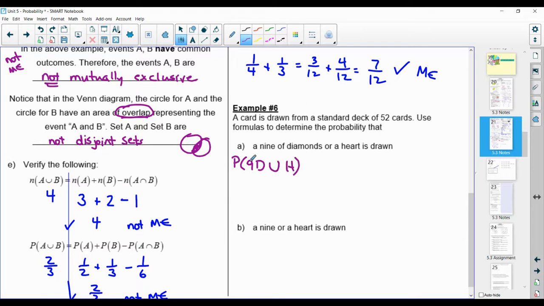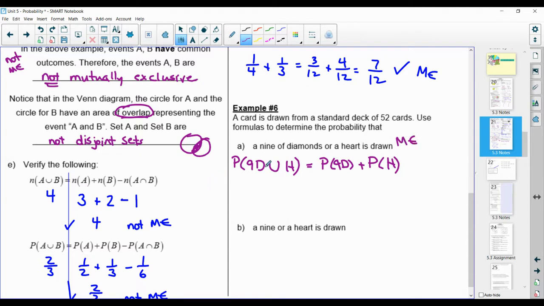So the probability of 9 of diamonds or a heart. Well, we ask ourselves, can we get a 9 of diamonds that is also a heart? The answer is no. So it's just going to be the probability of 9 of diamonds, plus the probability of a heart. Okay. If this was not mutually exclusive, then we would subtract the overlap.